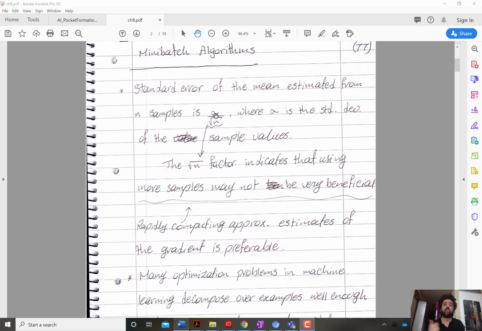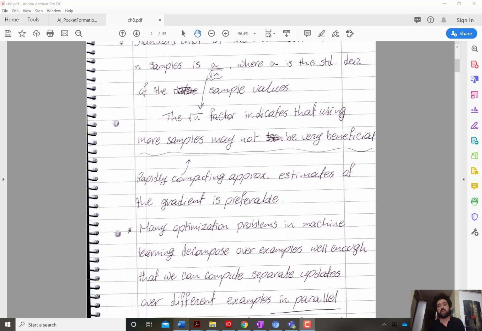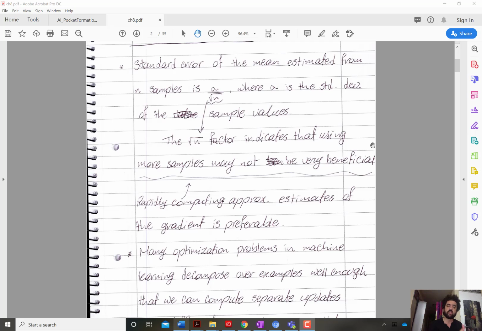And moreover, it's not just that they are not adding anything. They might be hurting me, because they might be making me a biased estimate of the gradient. But when I take only a few examples and these examples are independent, that could give me a higher chance of having an unbiased estimate of the gradient. So one advantage is that it increases the likelihood of having an unbiased, true estimate of the gradient, with no bias resulting from redundancy in the data.